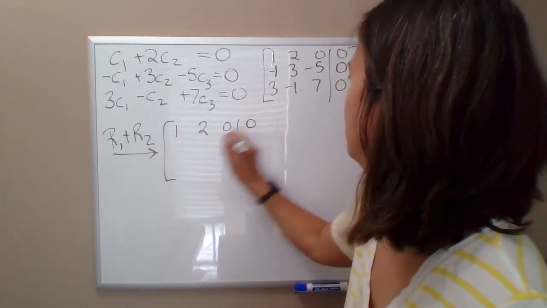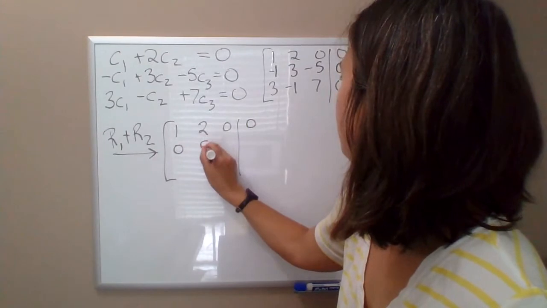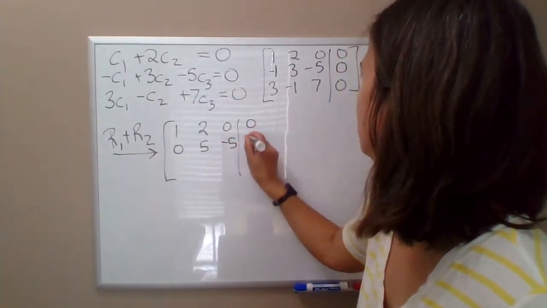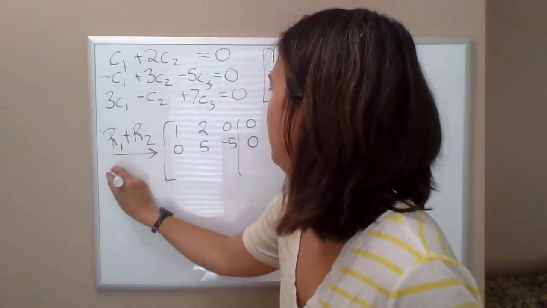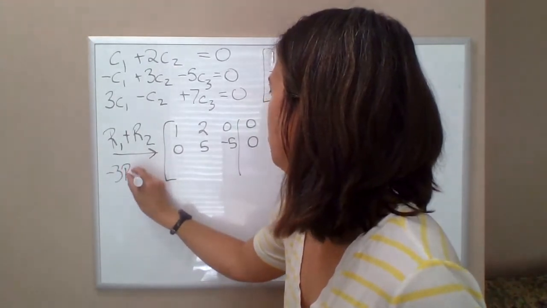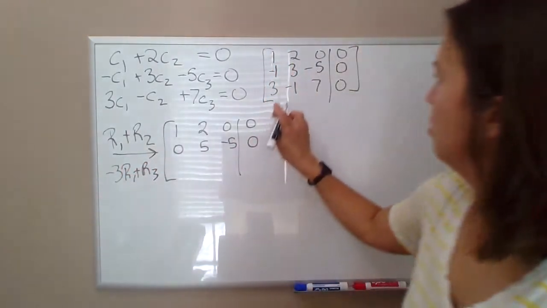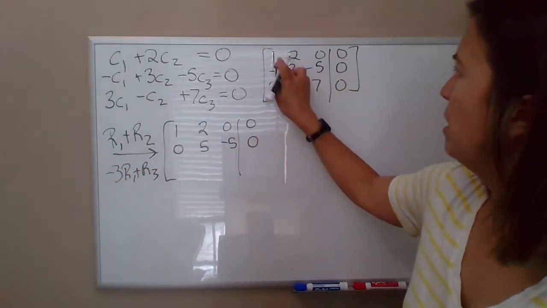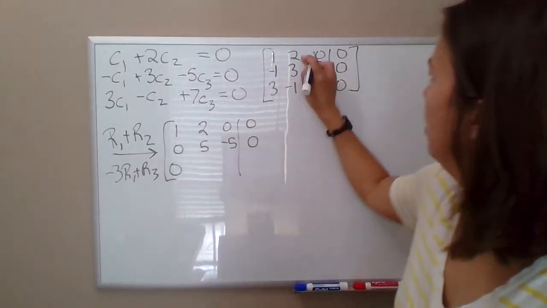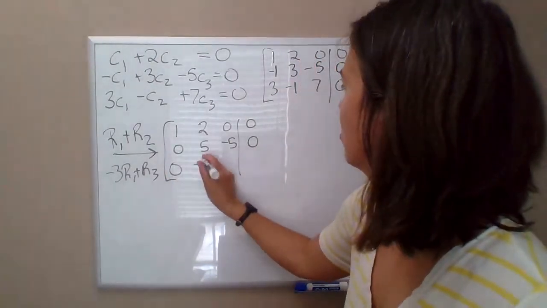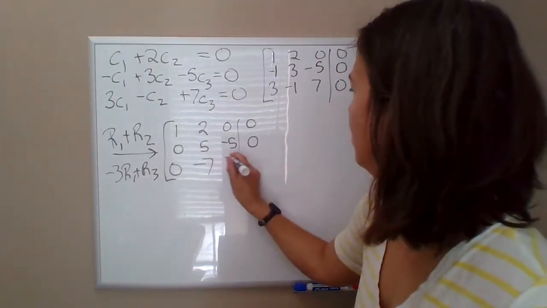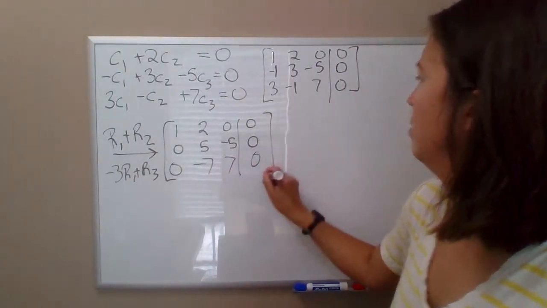So that'll give us 0, 5, -5, 0. And then -3 row 1 plus row 3 to get a 0 in this position. So that'd be -3 plus 3, -6 plus this, 0 plus 7, 0.